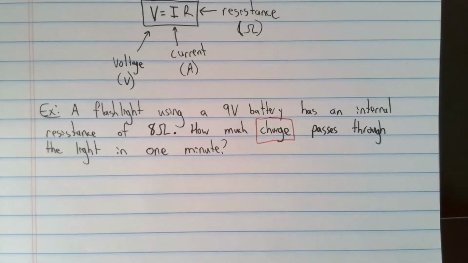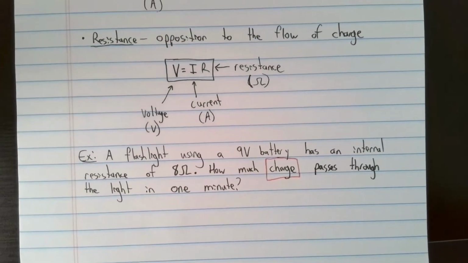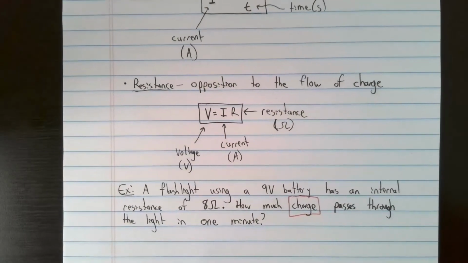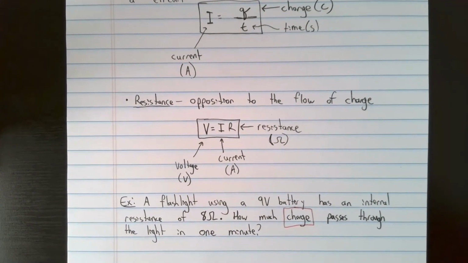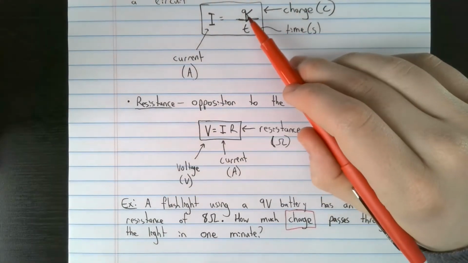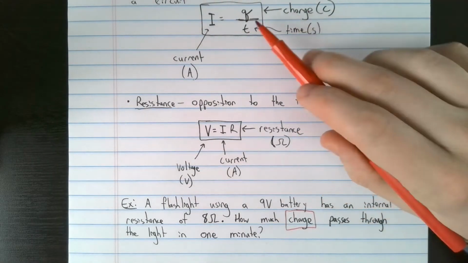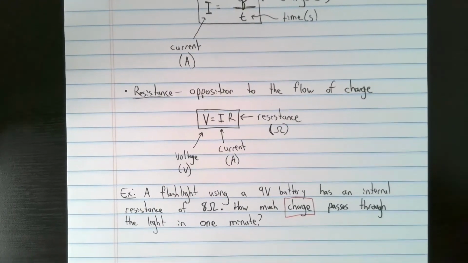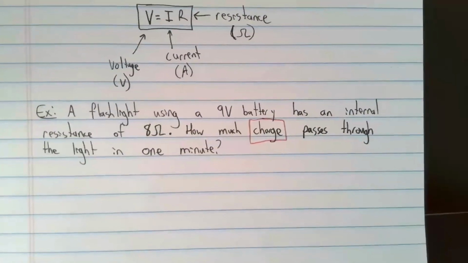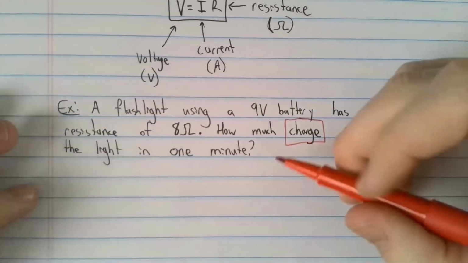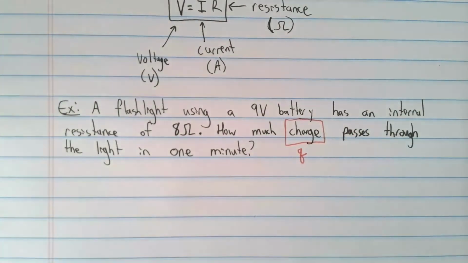If we look back at our notes, we can figure out which of those things represents charge. It looks like there she blows. Q is charge. So we're trying to calculate Q. Let's write that down.